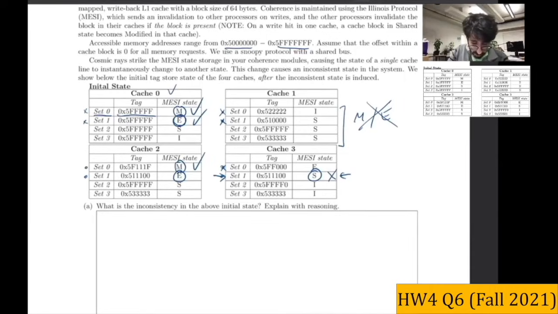So the possible error here is that the initial state before the cosmic ray strike could be that this was in invalid state, and then this exclusive state here could be valid, or let's clean this up a little bit.